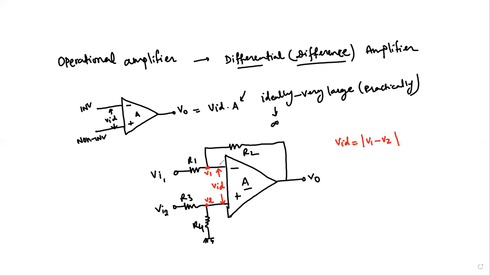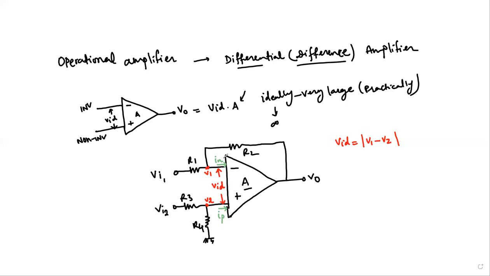Having said that, we know the other properties of the operational amplifier. Let's indicate them this way. These are the two currents that try to enter. We call them input currents I positive and I negative, because they try to enter through the negative and positive terminals of the op-amp respectively.